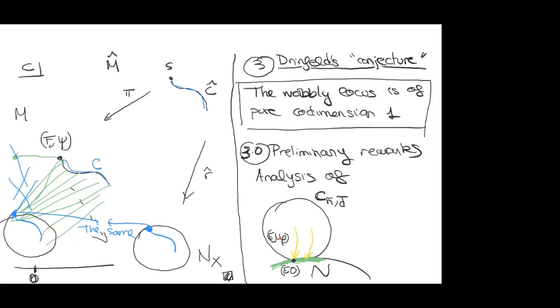The space of Higgs bundles is a subspace of the moduli space. And it's also a subspace of the tangent space at E phi of the moduli space.